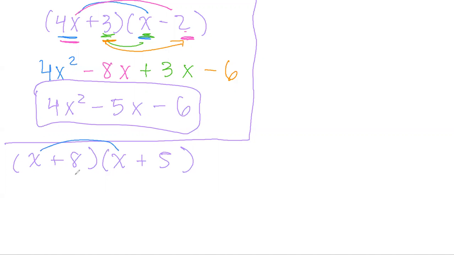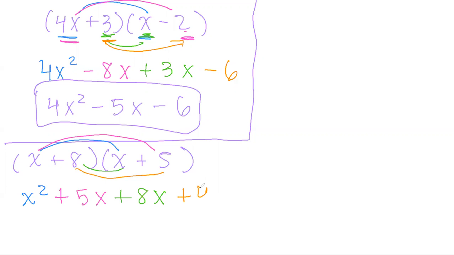So x times x, so I get x squared. x times 5, which is plus 5x. 8 times x, that's plus 8x. And then lastly, 8 times 5, which is plus 40. So then when I combine like terms, I have x squared plus 13x plus 40.